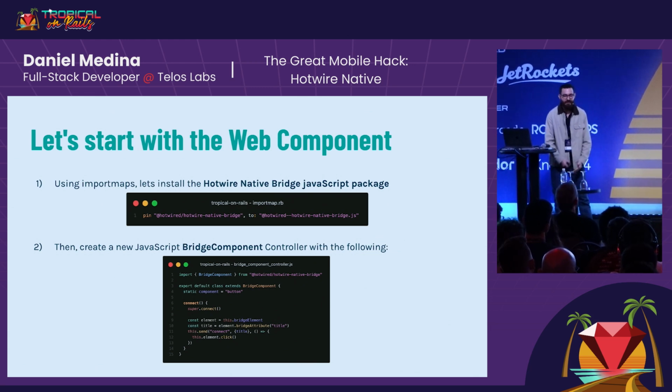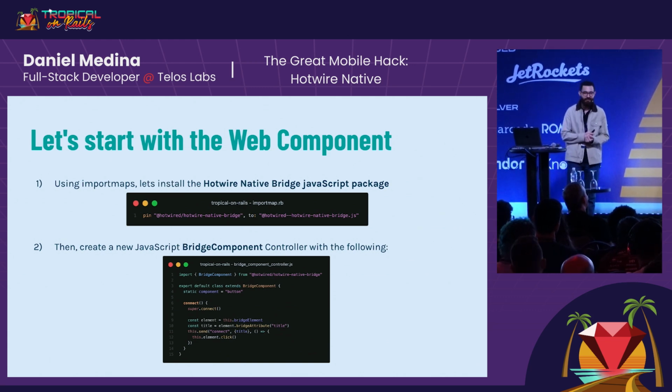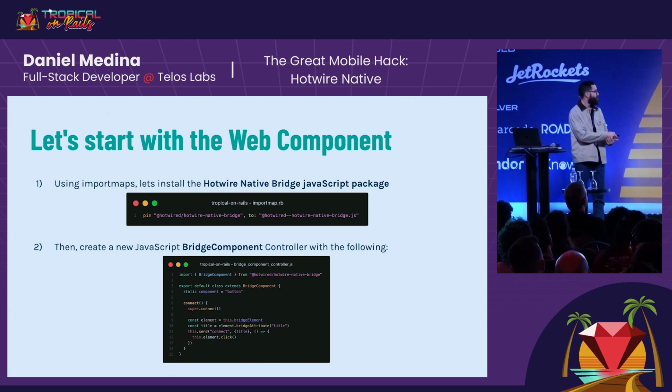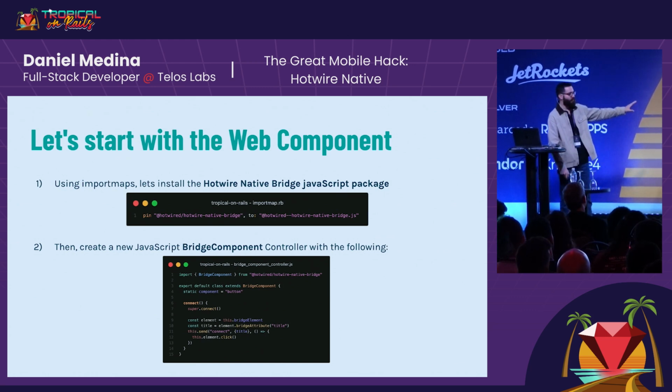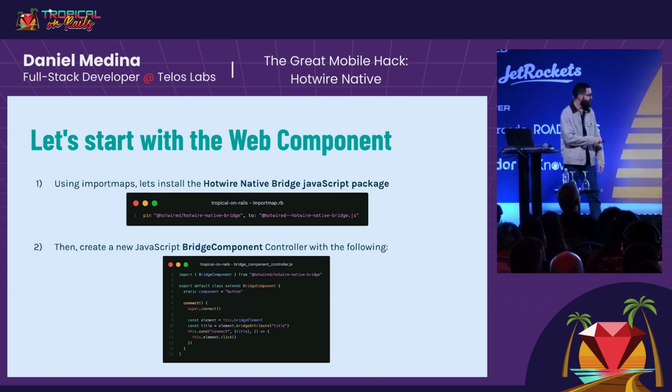First, we have to install the Hotwire native bridge JavaScript package. It's a very long name. I use it using import maps. It's a better way to add JavaScript packages. Then we have to create a stimulus controller. In this case, I called it a bridge component, where we set up the recently installed JavaScript package. And we have a connect. I will take a deeper look at this code a few slides later. But yeah, this is basically what we did.